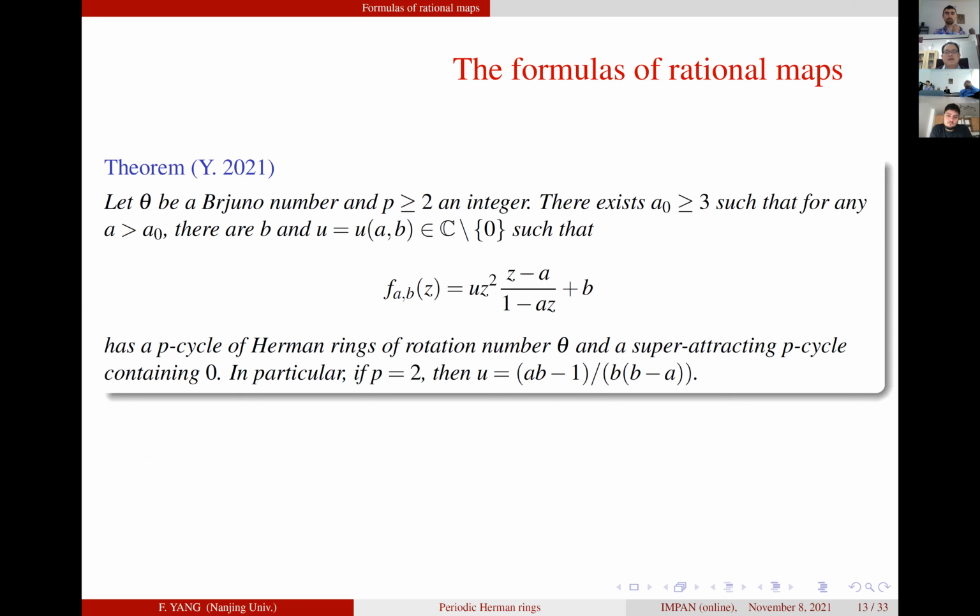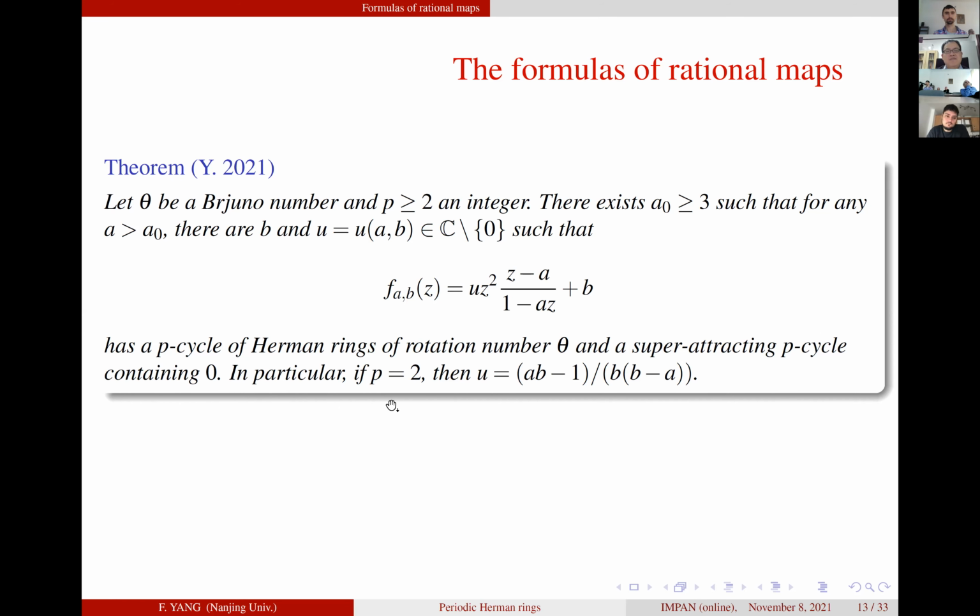greater or equal to 3, such that for any a greater than a naught, there are two numbers b and u, where u depends on a and b, such that f_{a,b} equals u z squared times (z minus a) over (1 minus az) plus b, such that this map has a p-cycle of Herman rings of rotation number theta and a super attracting p-cycle containing 0.